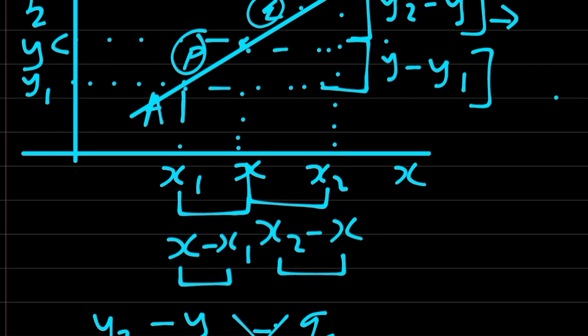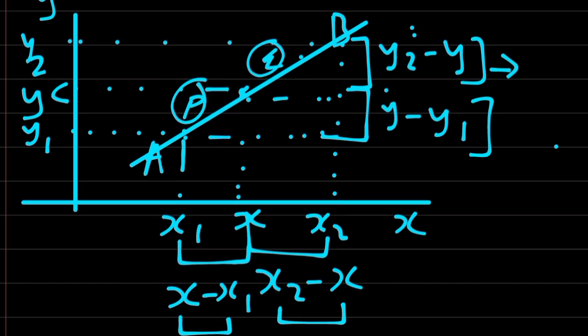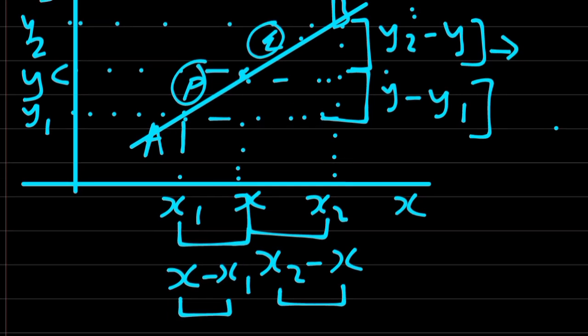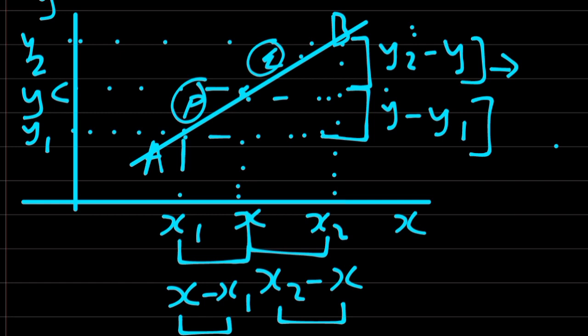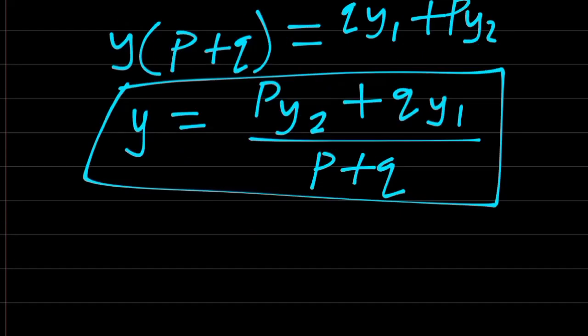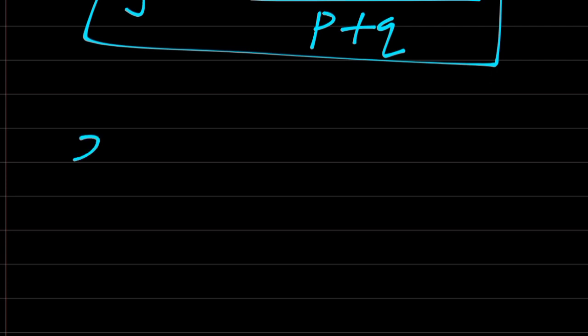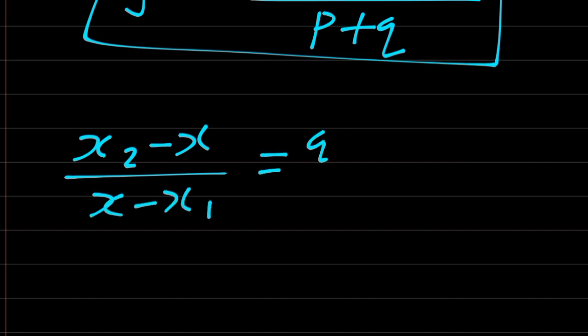Therefore, we are going to have X2 minus X over X minus X1 is equal to Q over P. This one is going to Q, while this one is going to P. So let's cross multiply.